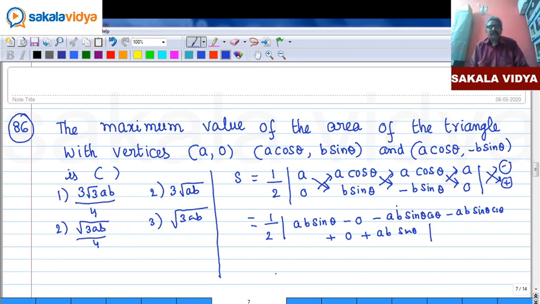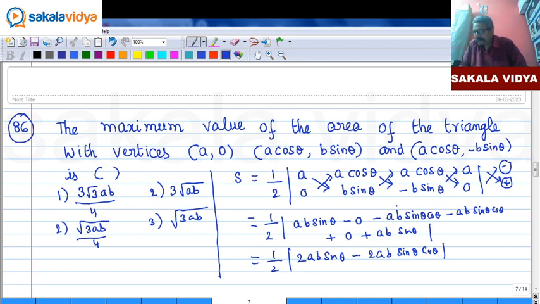This will be, you will be getting 2ab sin theta minus 2ab sin theta cos theta. This you will be getting.